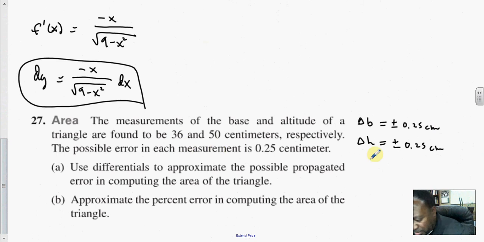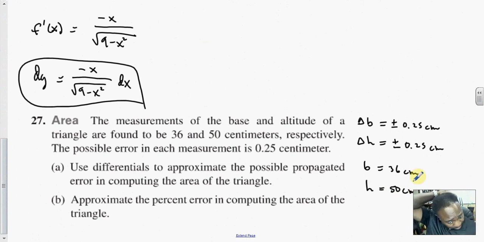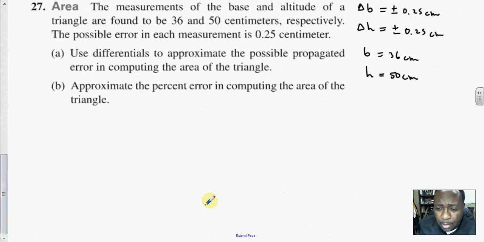The base is given to be 36 centimeters, and the height is given as 50 centimeters. So use differentials to approximate the possible propagated error in computing the area of the triangle.